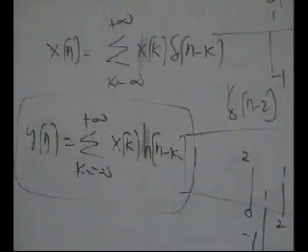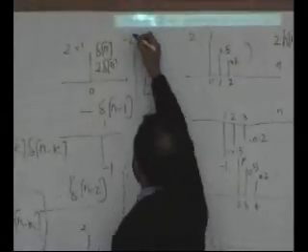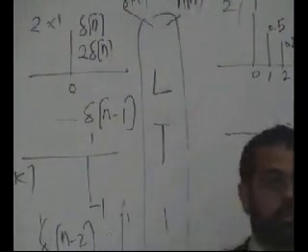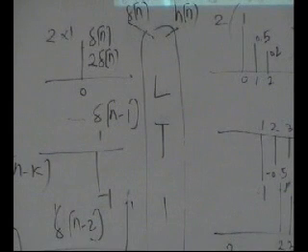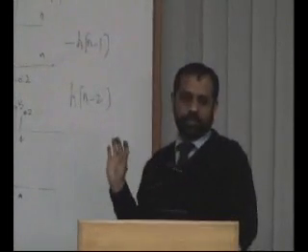This is why we only deal with linear time invariant systems: only this much knowledge, that delta of n will give you an h of n. If you know this, you can compute the output of the system for any input.